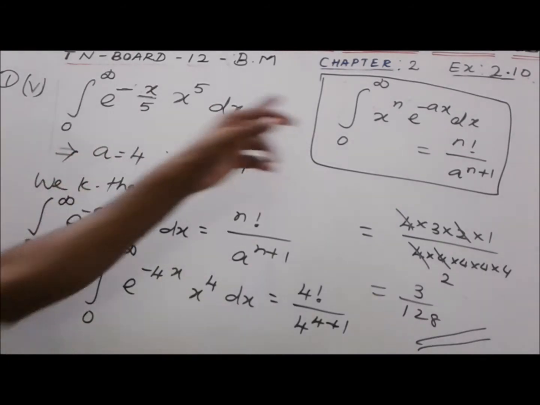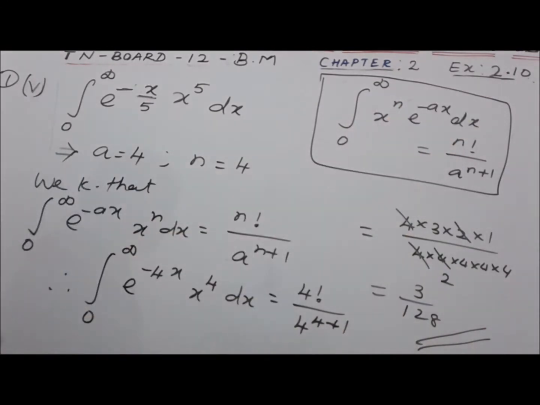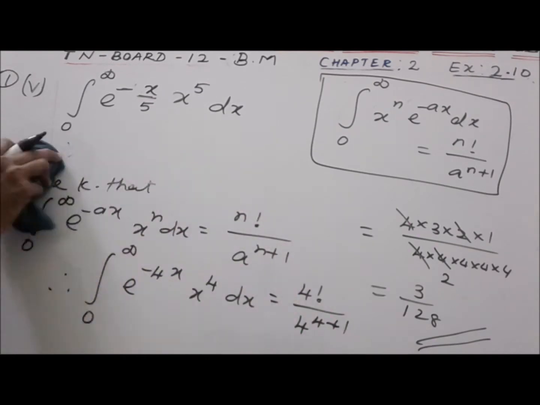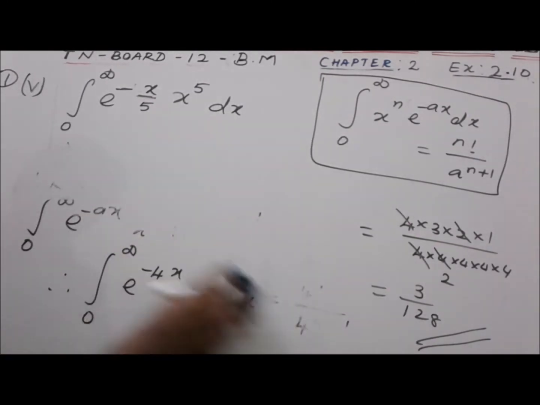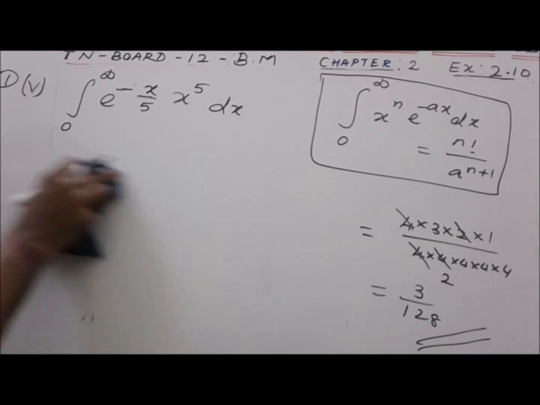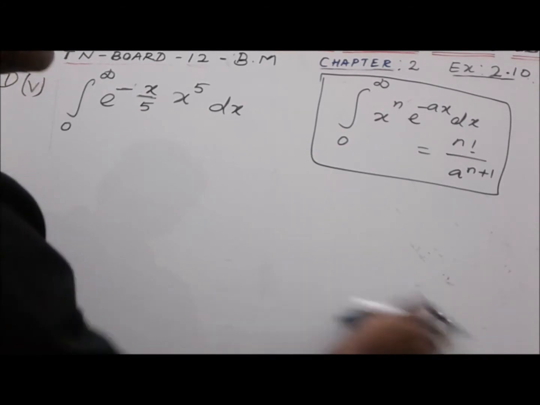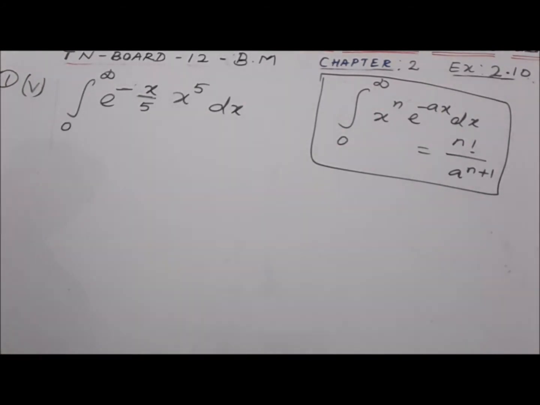This is in the form of the gamma integral 0 to infinity x power n e power minus ax dx, so that is equal to n factorial by a power n plus 1. Simple thing: just equating the two integrals and finding the values of a and n, then substituting in the result, you will get the answer.